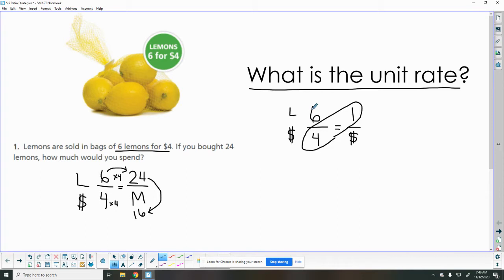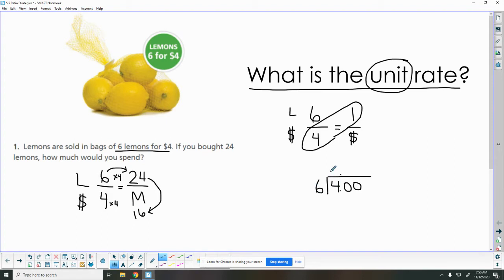And then I'm saying that 6, so now I need to divide by 6. So we have $4, and we need to divide by 6 to see how much 1 lemon is. So remember, this word unit means that I want to know how much 1 costs. So go ahead and see if you can finish this problem here to see what is the unit rate.